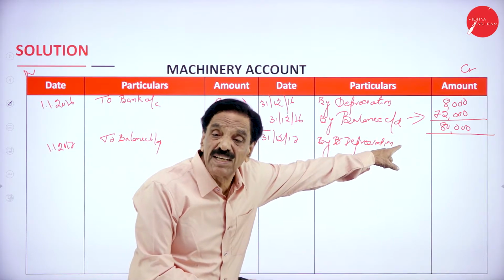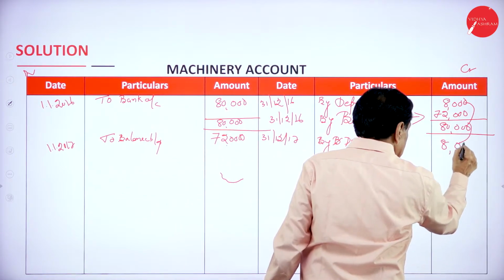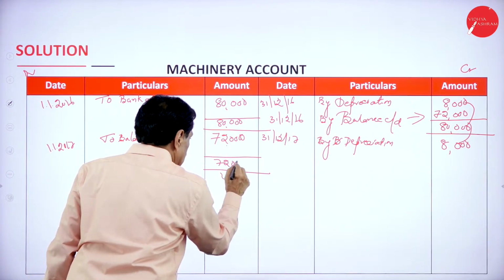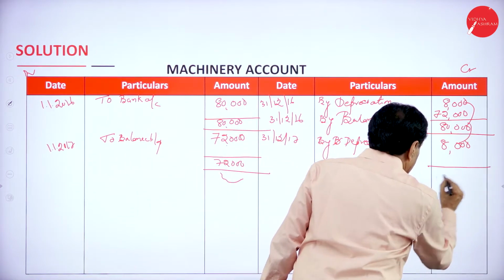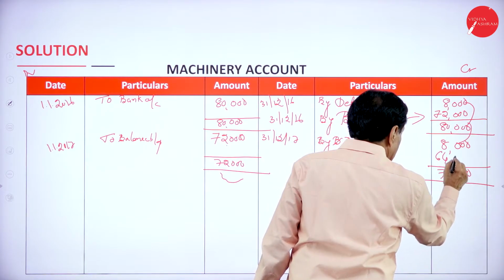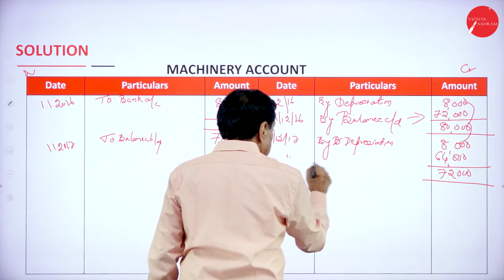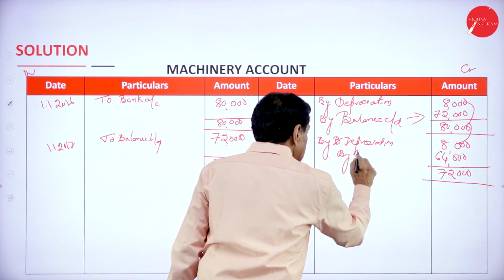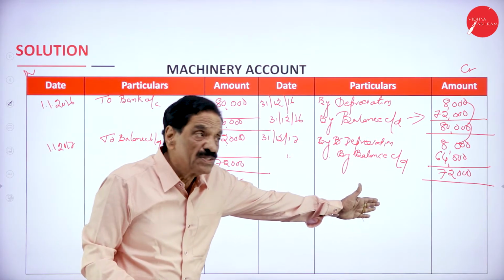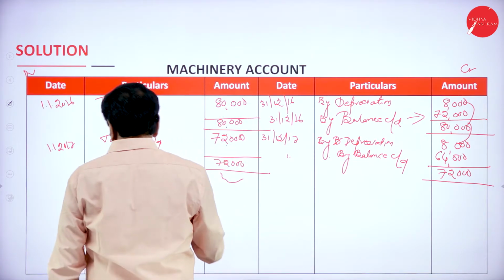What's your first year depreciation? 8,000. Second year also 8,000 here. Bring out the difference. It is 64,000. End of the second year, the balance is 64,000, by balance carried down. How many years over? 2 years over. Brought down to third year.